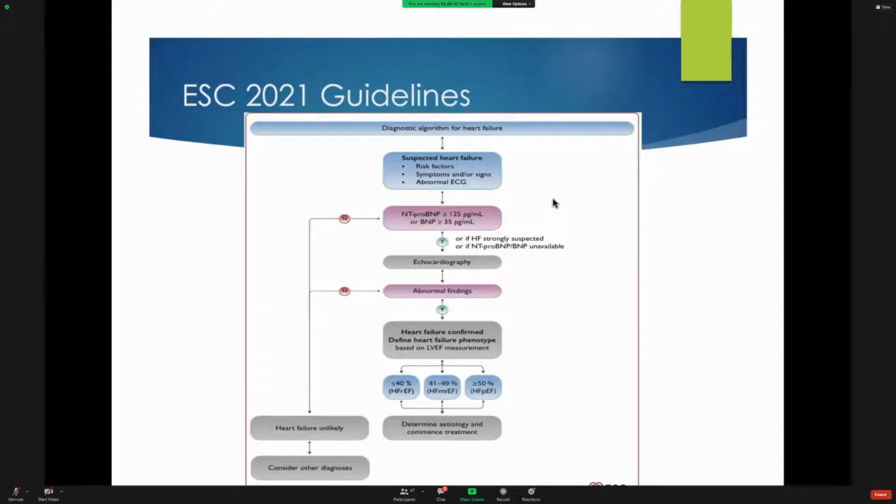Because in Europe, not everyone will come to the clinic or to the hospital and get the echo. The waiting list for them is 2 to 3 years. So they will just get BNP. If the BNP is normal, heart failure is less likely. If the patient has high BNP, they will organize the echo maybe in 6 months or less than 6 months.